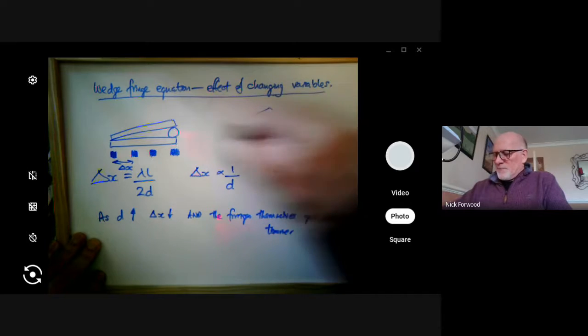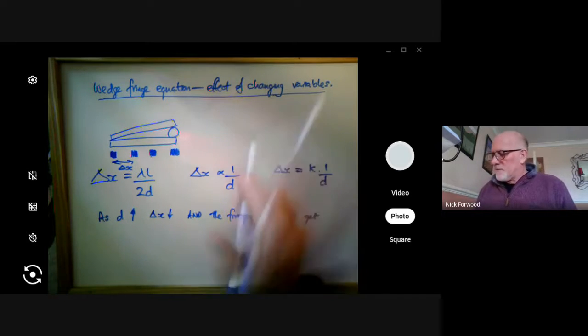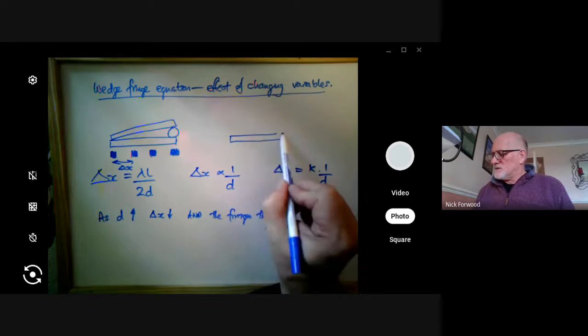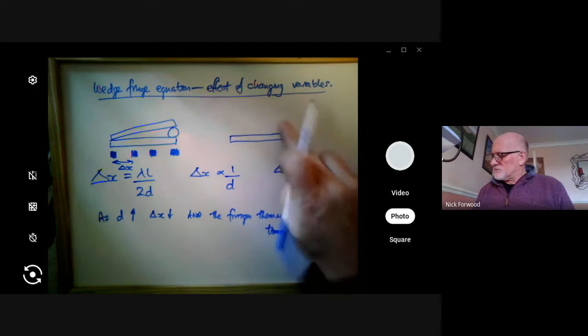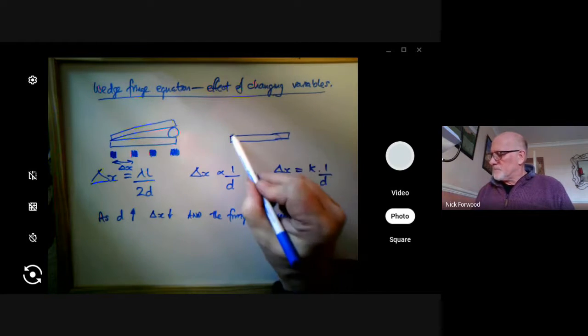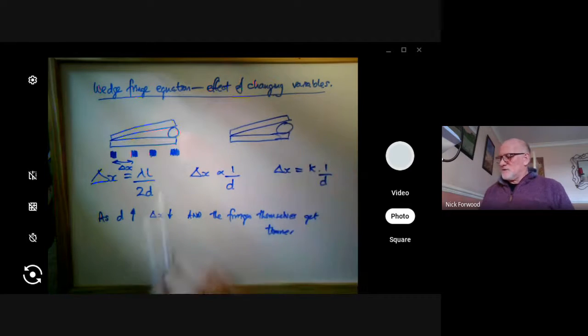Now, what happens if we have a situation where I've got exactly the same setup? So I'll try and make it look exactly the same. Okay, that's supposed to be the same as that, but we change the light. You see this with monochromatic light.